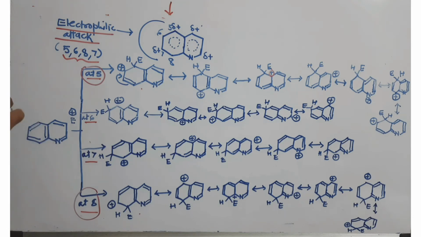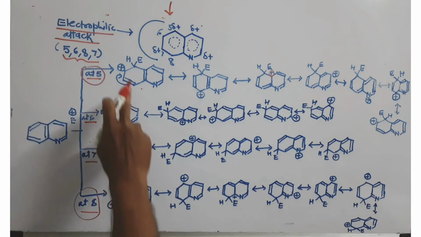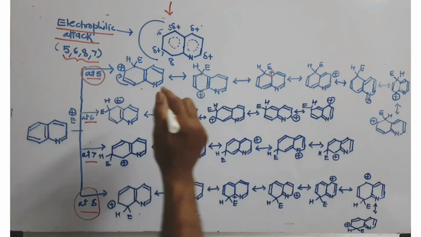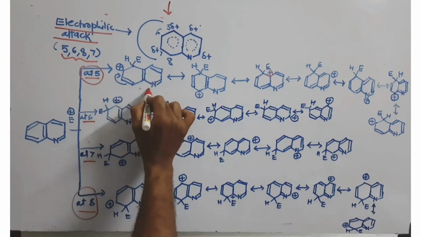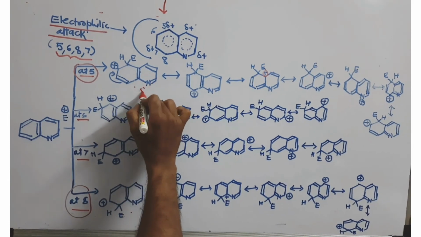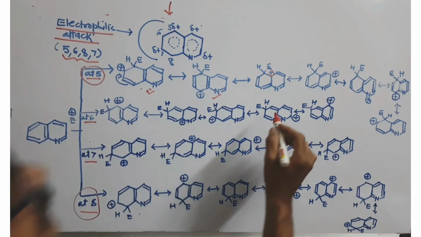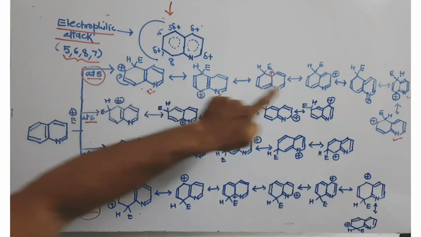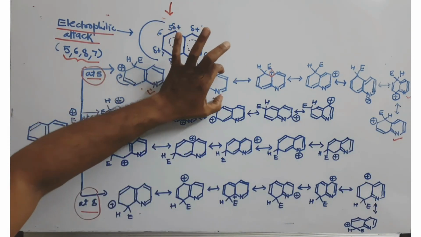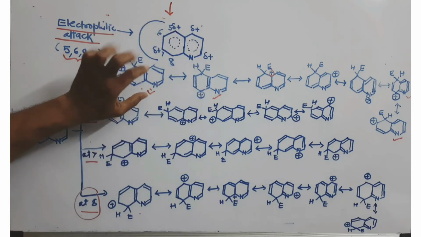This is one thing. Secondly, if you see here, out of 7 resonating structures, I make one sign here on this structure, watch this carefully, this structure and the remaining 2 structures. That means out of 7, 4 structures have the pyridine ring intact without any change.